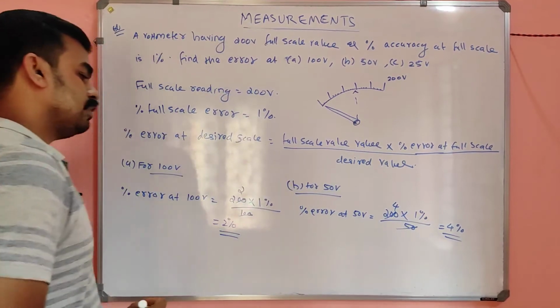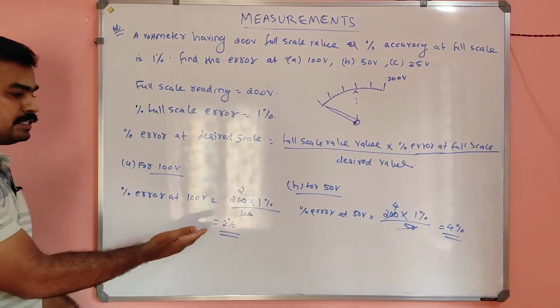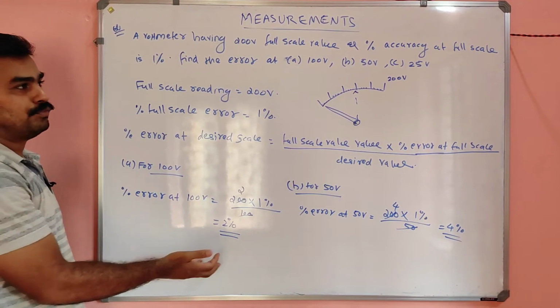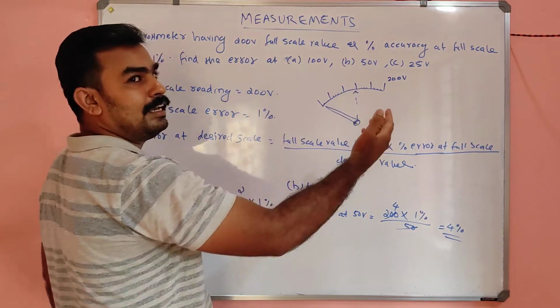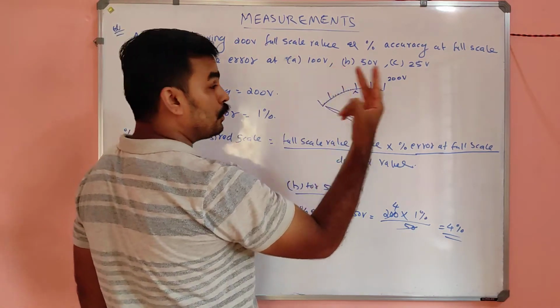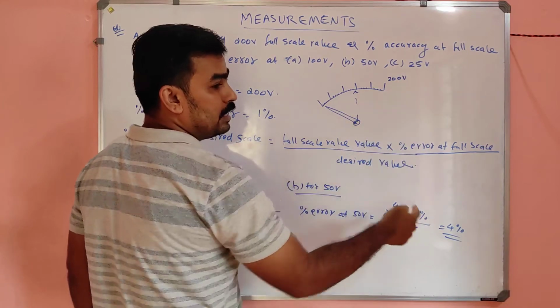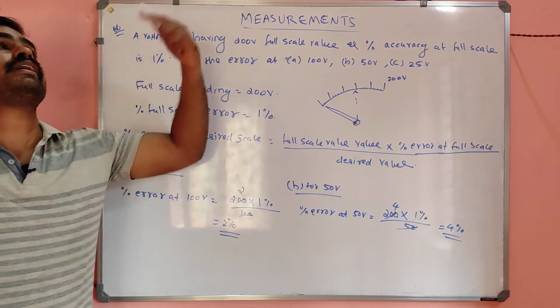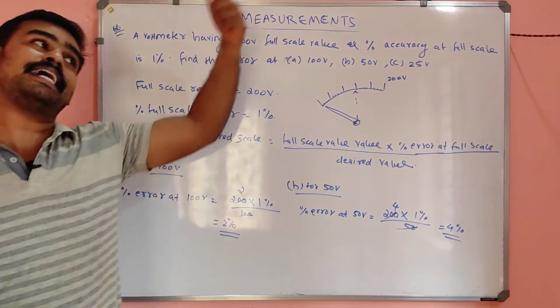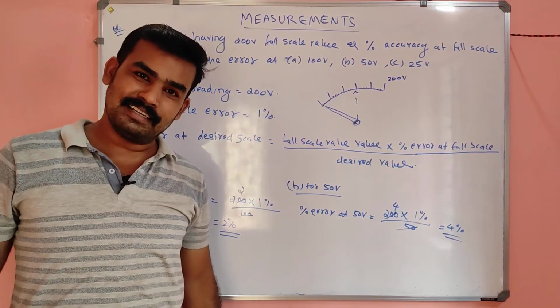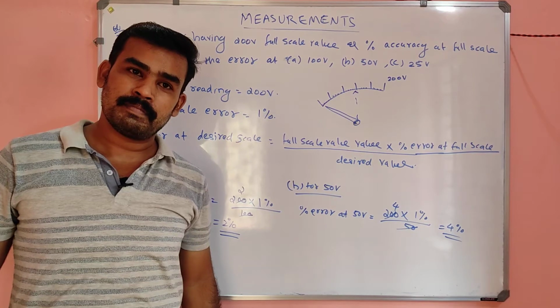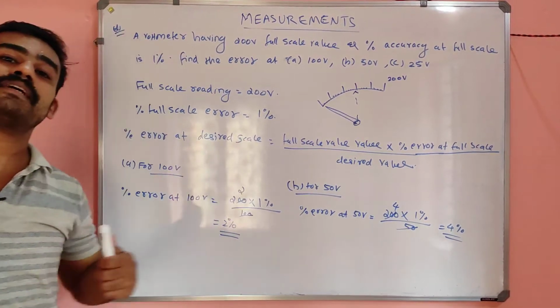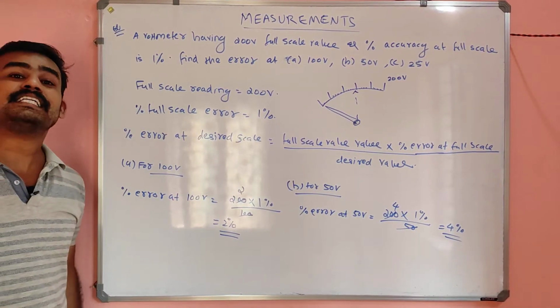See how much it is increasing. For 1 by 4 of the full scale value, the error is 4 times increasing, my dears. So for 1 by 3, 3 times increase. For 1 by 5, 5 times increase. Is it clear? So that much difference will be there in terms of the error.